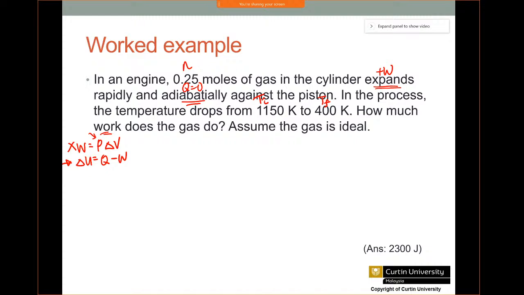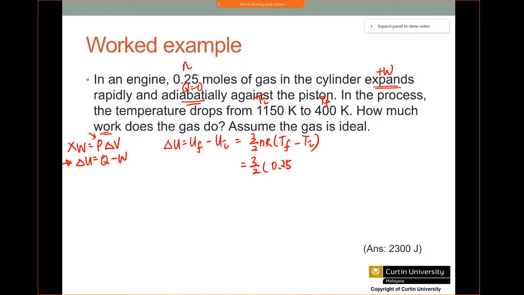So another resolution will be from the first law of thermodynamics. So we have to find what is delta U first. So delta U is the change in internal energy, U final minus U initial. U is equal to 3 over 2 nRT. So T final minus T initial.